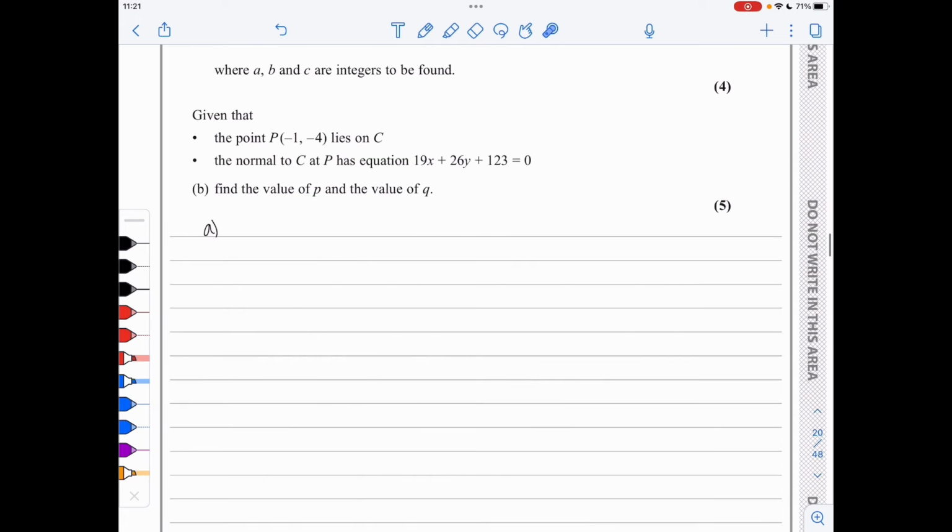So my starting point is px cubed plus qxy plus 3y squared is 26, which means that 3px squared plus qy, it's the product rule here, plus qx dy/dx plus 6y dy/dx is 0.